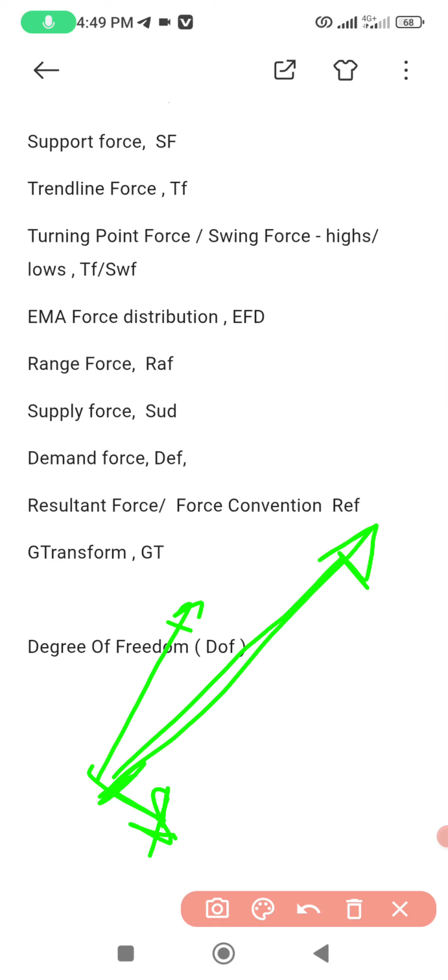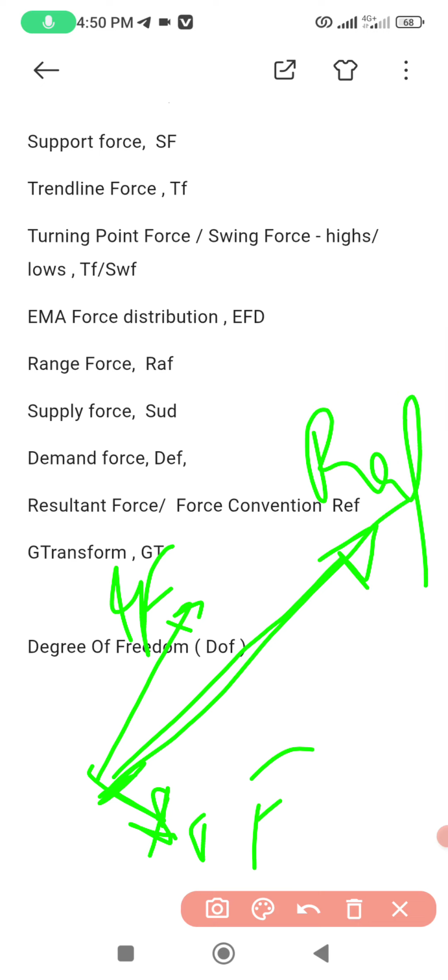Okay, so this is IF, and this is RF. This is trying to remind you that even though the market is in an uptrend, there are still forces that will go against the uptrend, and that force is RF, and it acts at an angle with the impulse force IF.